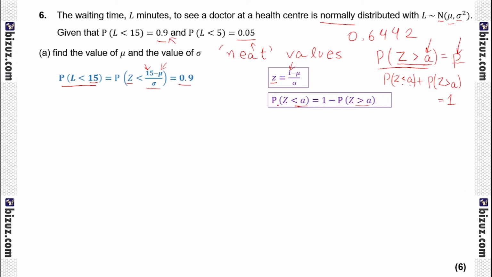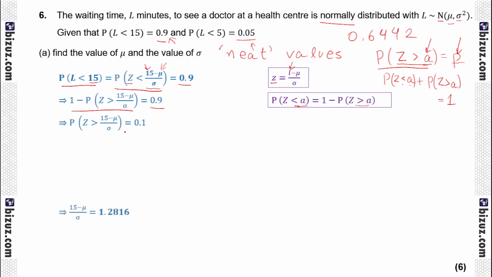So using this, we can actually have z greater than something here. P(Z less than (15 minus mu) by sigma) is the same thing as 1 minus P(Z greater than that value), and it's going to be equal to 0.9. The right hand side is unchanged. If we make P(Z greater than (15 minus mu) by sigma) the subject, it's going to be 1 minus 0.9, that's 0.1.